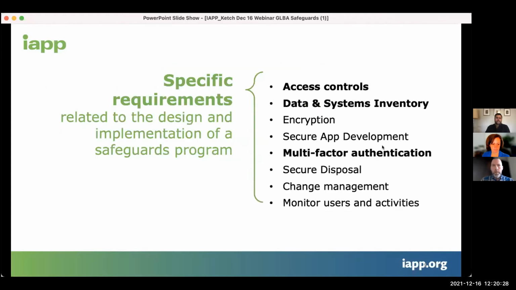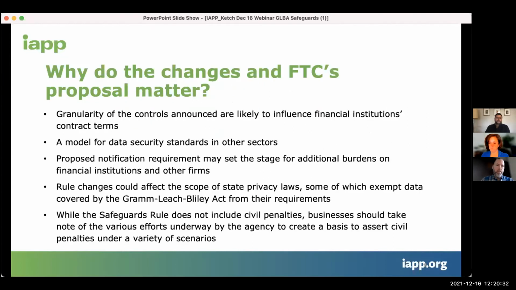For my money, Laura, the most interesting bullet on that slide was the first one, which, correct me if I'm wrong, demonstrates this move from a flexible principles-based approach to, as you stated, a more prescriptive approach by the FTC. And I know that that's something that is happening or being considered in many other regulatory spheres as well.